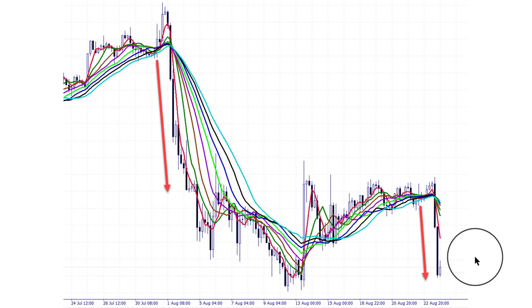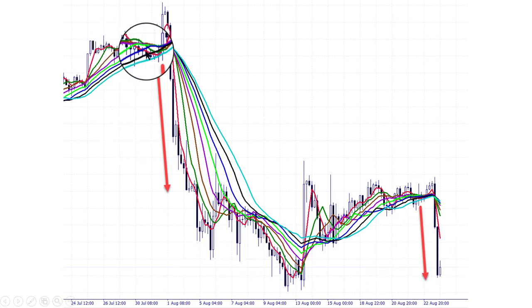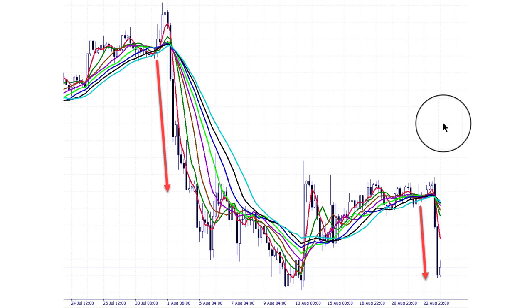So now, what happens here when these knots happen? Then all your technical analysis, all your support and resistance analysis doesn't play a role, because now you're talking about market psychology and big players manipulating the market.